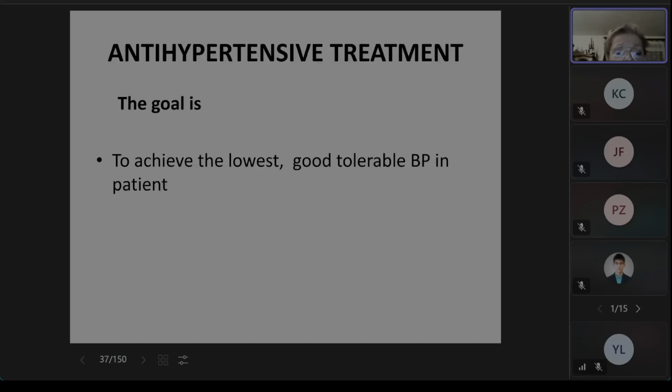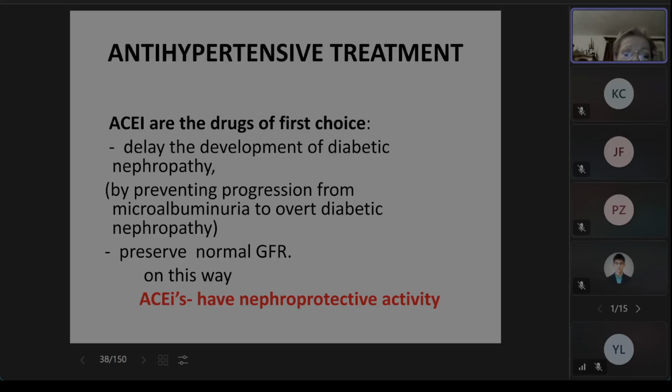As regards the antihypertensive treatment in patients with diabetic nephropathy, we try to achieve the lowest well-tolerated blood pressure in the patient. In order to do it, we start by giving the patients ACE inhibitors, or if they aren't well tolerated, we give sartans instead of ACE inhibitors.